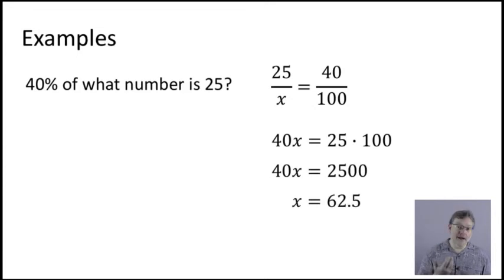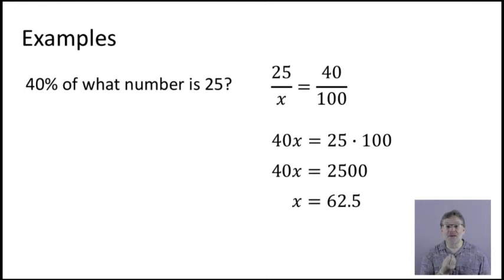40% of what number is 25? Once again, probably the easiest one to discern is the rate. 40% is our percentage, so on the right-hand side, we write 40 over 100, but then we have to discern what's going on the left-hand side. 40% of what number?